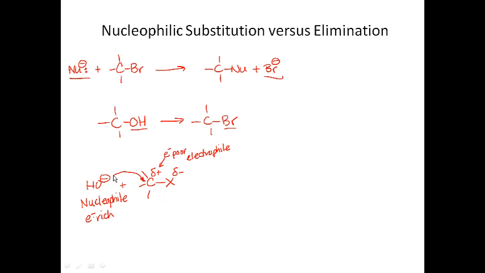So at the same time the hydroxide is forming a C-O bond, the carbon-halogen bond is breaking, so that this reaction will occur in one step, and that's what we call a concerted reaction. And we'll end up then replacing the halogen with the hydroxide group.